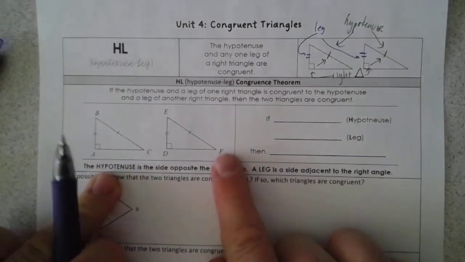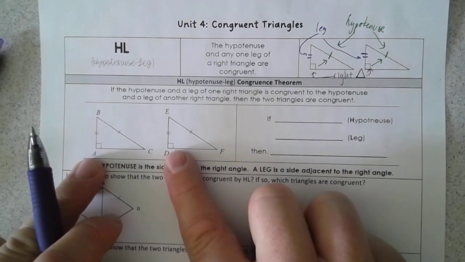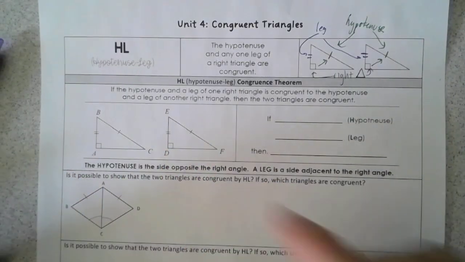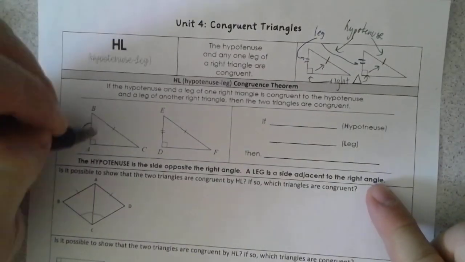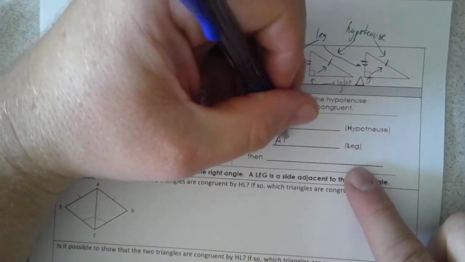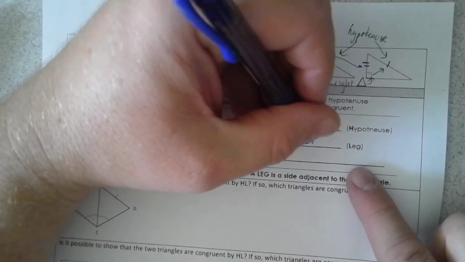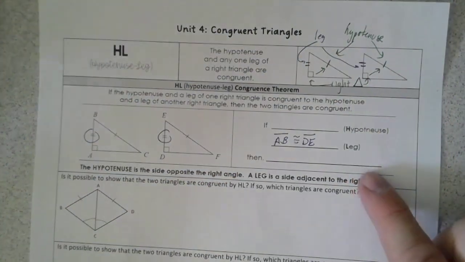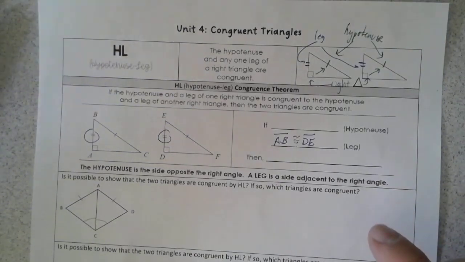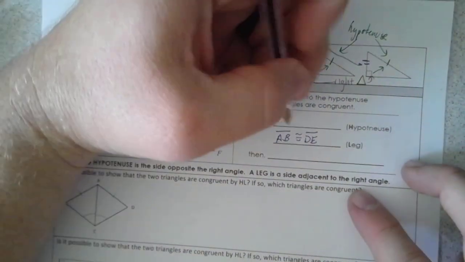So here we go. Do I have right triangles here? I think I do, right? Isn't there right angles? My question is, this right here is a leg. So side AB is congruent to DE. And right here, side BC is congruent to EF.